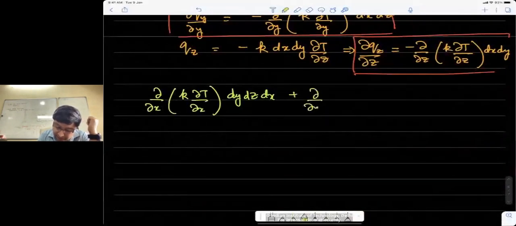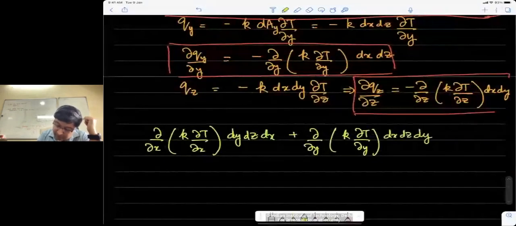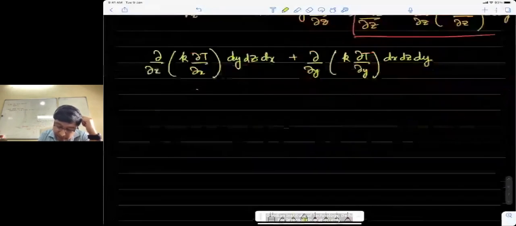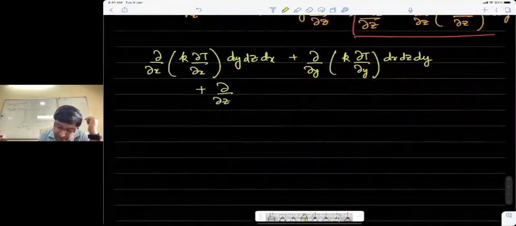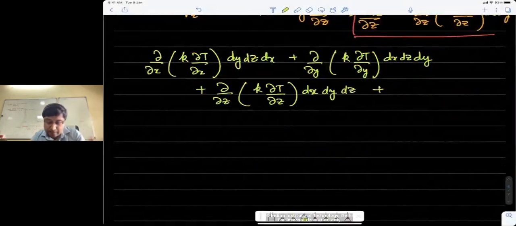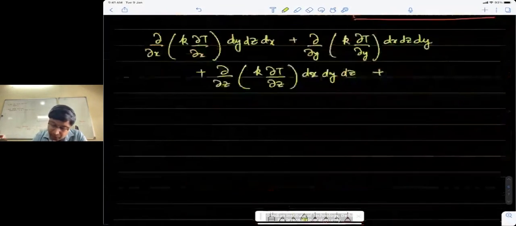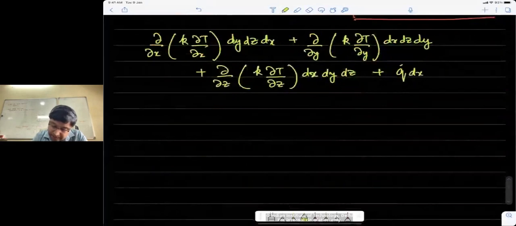Plus d/dy of k dT/dy, with dx dz, and also a dy, and then d/dz of k dT/dz dx dy dz, plus the generation term q dot dx dy dz.